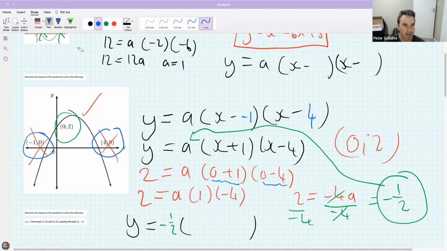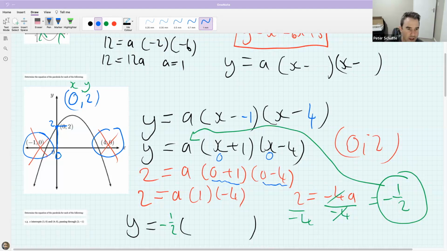Okay, good question. If we look at this point, it's a little bit hidden, the fact that this is the y-intercept. But it's in line with where x is 0, and it's in line with where y is 2. So it's a little bit deceptive. Even though it's an intercept, it's still a valid point. So this is an x and this is a y. Because this says x plus 1, the 0 goes here and the 0 goes there.